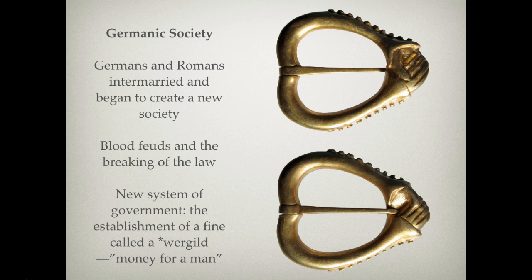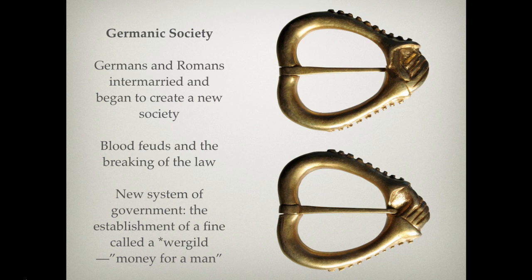See, the problem with blood feuds is that if one continues to go back and forth, eye for eye, tooth for tooth, life for life, inevitably we end up seeing a decline in power and a decline in able-bodied fighting men.